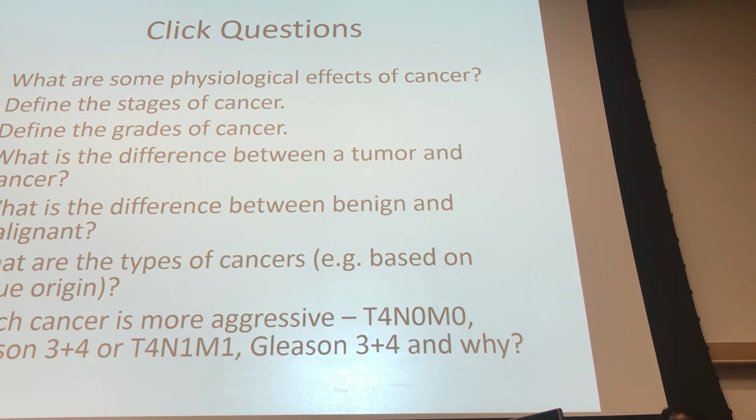G2 would be moderately differentiated, where you would still have somewhat of a semblance of the structure. Even less so in G3, where structure has kind of disappeared, but you can still maybe see something. G4 is just a mass of cells with uncontrolled growth. There is no structure or function. Right, and at that point, your basement membrane is gone, yeah.